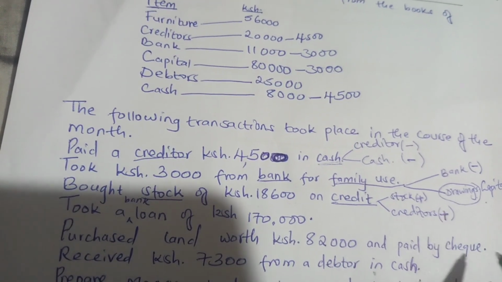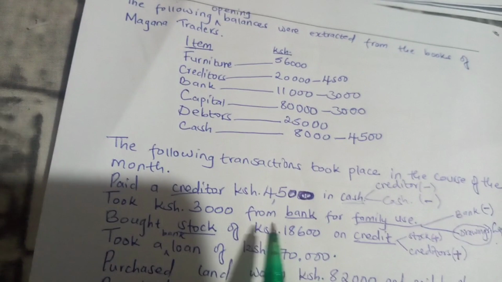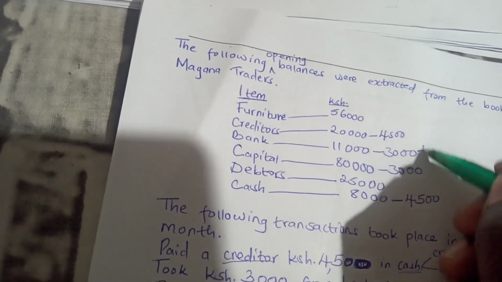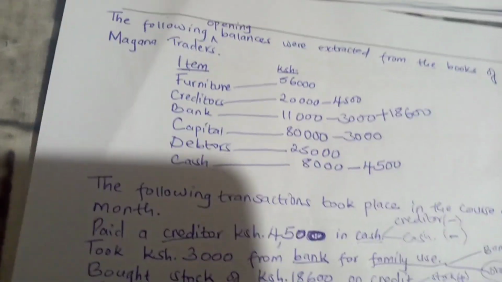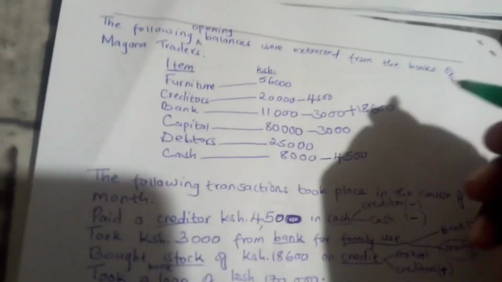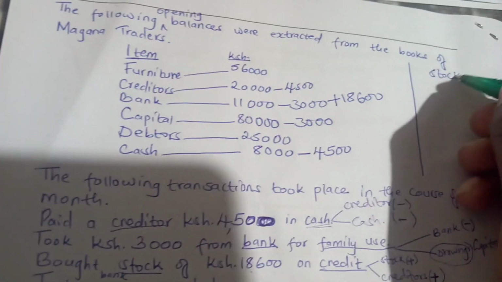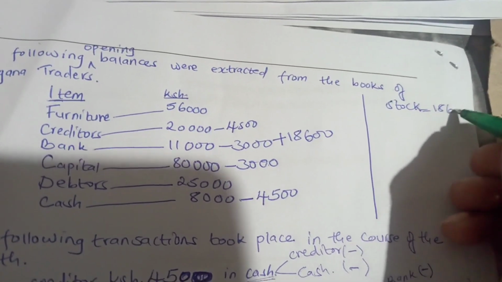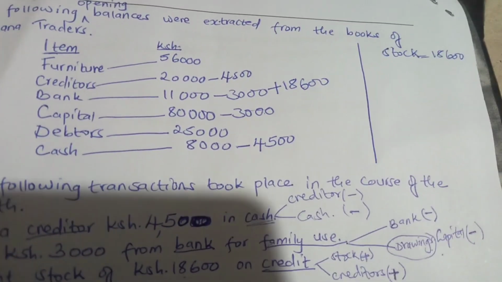Business debt is on the increase. So where we have creditors, we add 18,600, and also we have now a new item known as stock, which is 18,600.